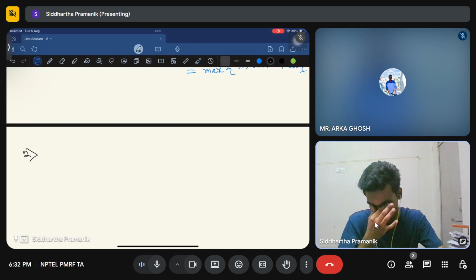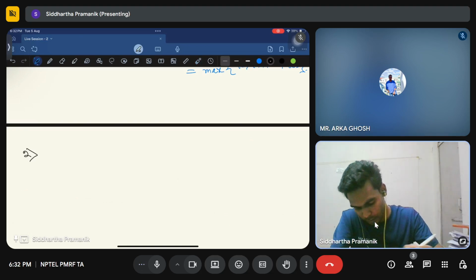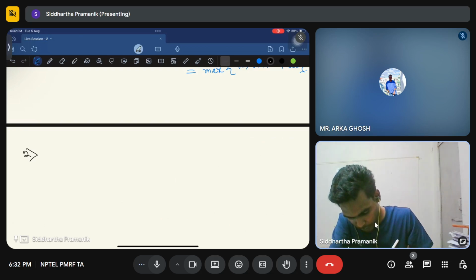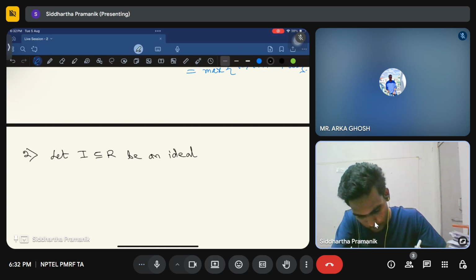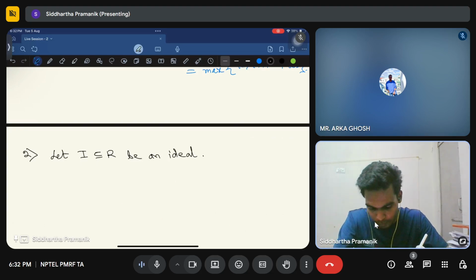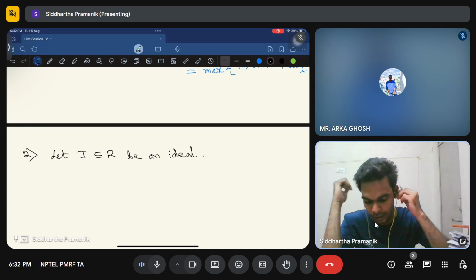So there we have remarked that, let me write, let I be a subset of R, an ideal. And by Hilbert basis theorem, we know that this I is finitely generated.